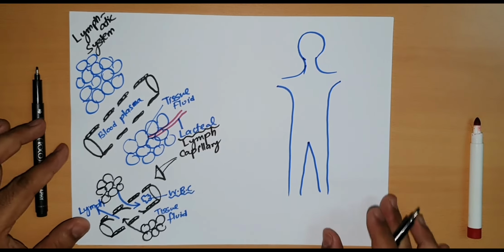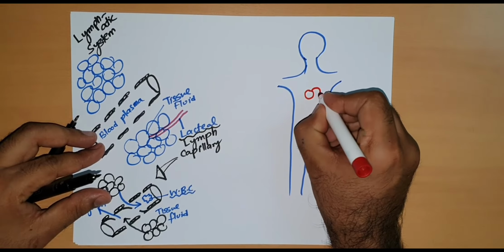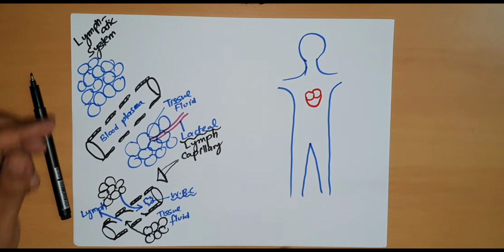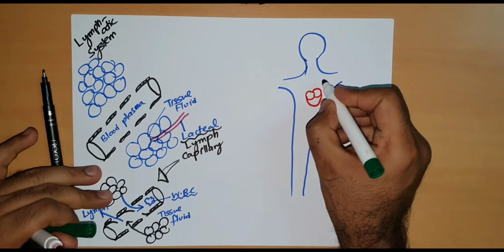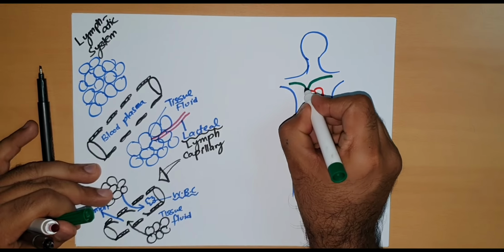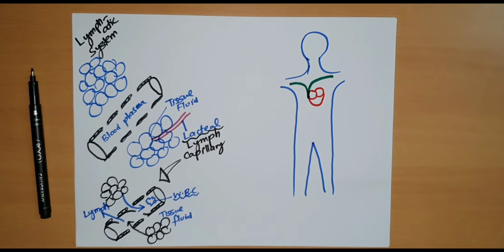Over here, we have our heart. Now, with the help of green color, I will show two veins. These veins are coming into the superior vena cava.